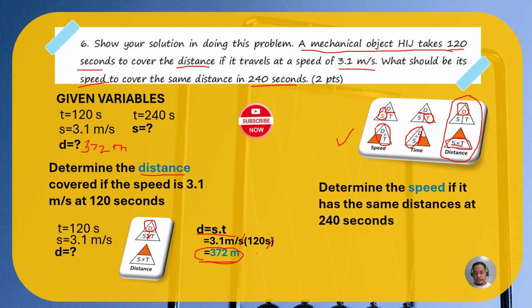So let's determine the speed if it has the same distance at 240 seconds.